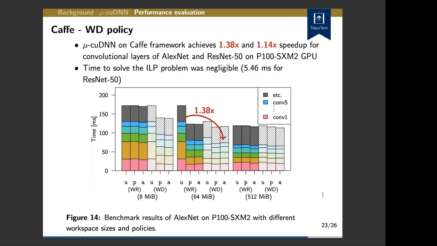But with workspace division, the total workspace size is specified by the user, and it does not exceed that limit. So we can accelerate convolutional layers without out of memory errors.